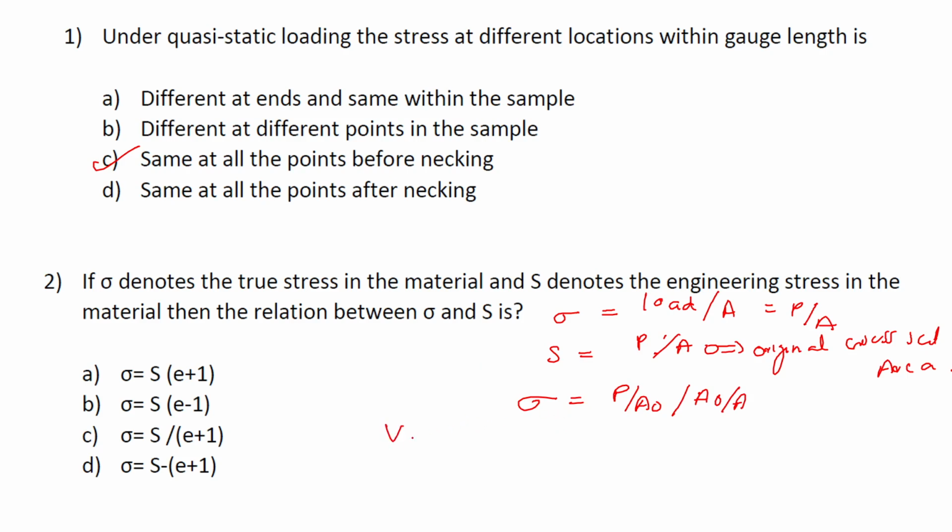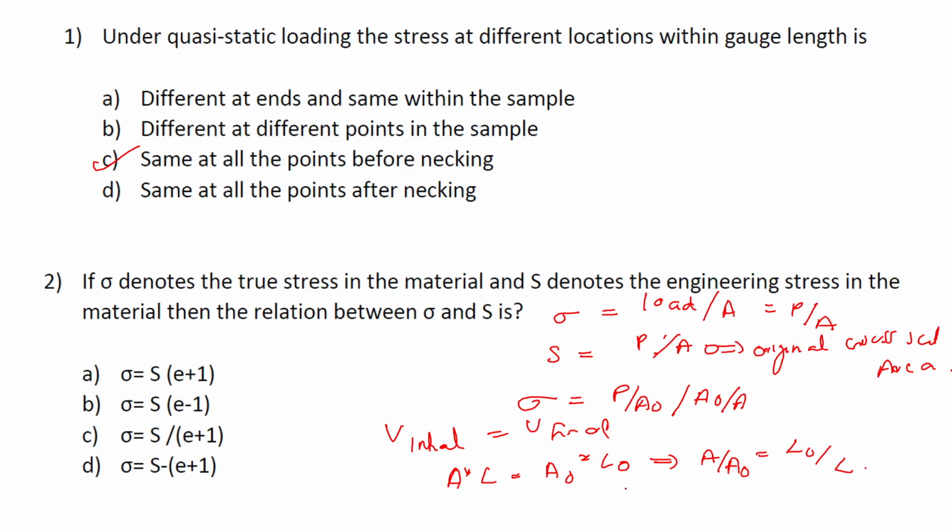V initial will be V final. So A times L is equal to A0 times L0. From this you can write A by A0 is equal to L0 by L.